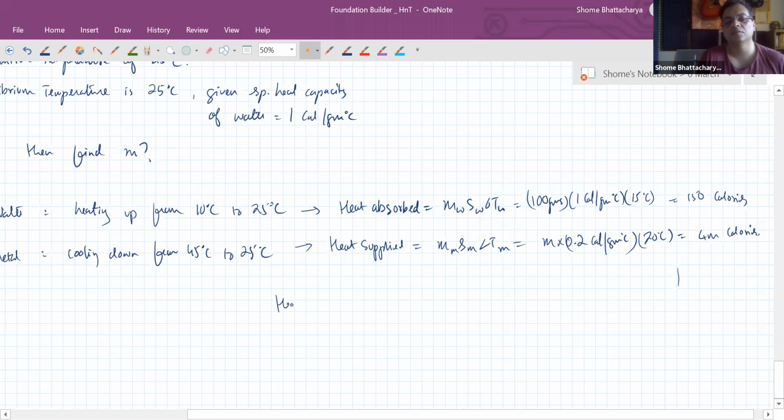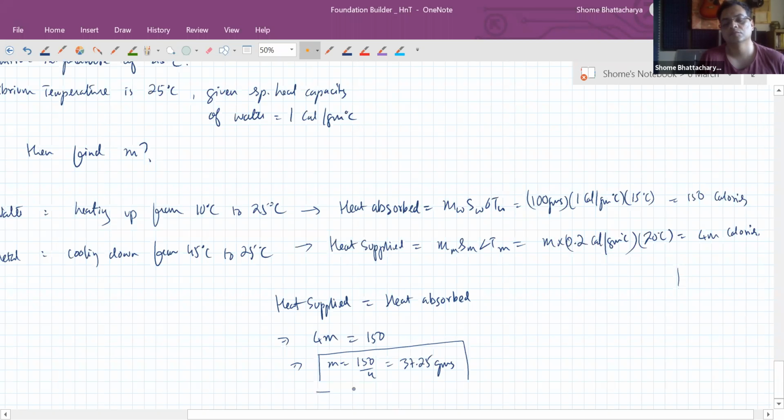So the heat supplied must be equal to the heat absorbed. This is the principle of calorimetry. So 4m calories must be equal to 1500 calories. So this is the answer for this question.